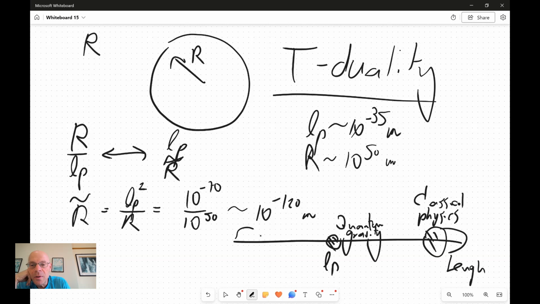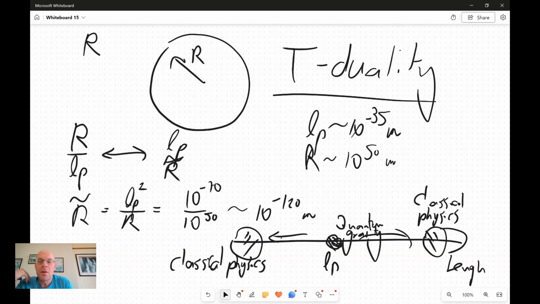But also here at sub-Planck scales, we have classical physics again. So at the Planck scale, quantum effects are important, but much below or much above, we have a classical description.